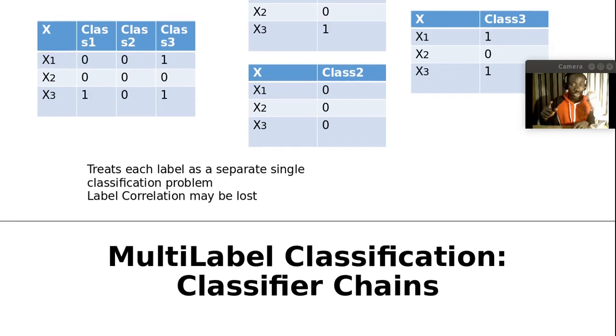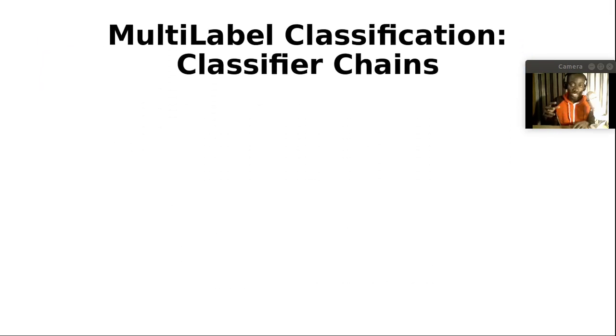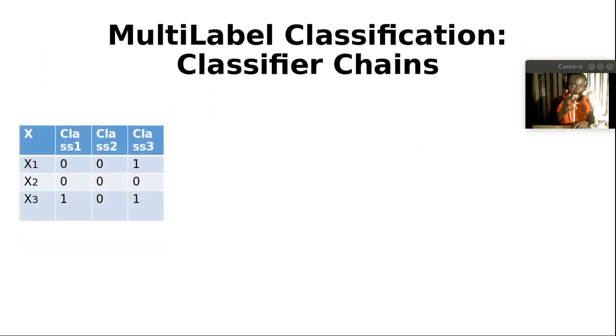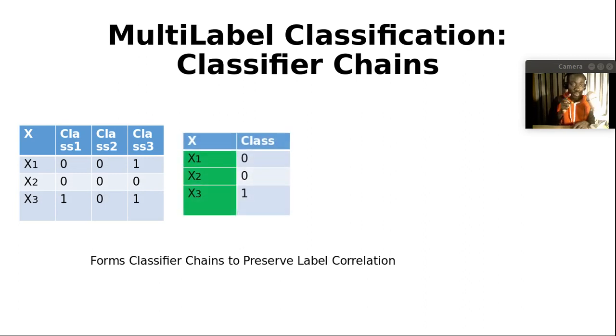The next one we can try is classifier chains. In that case, we have our same multi-labeled data with our S features and our 3 different classes. We can now form classifier chains. You build classifiers for each of them. You build it for S1, the first feature, and then class 1. Then you get the result.